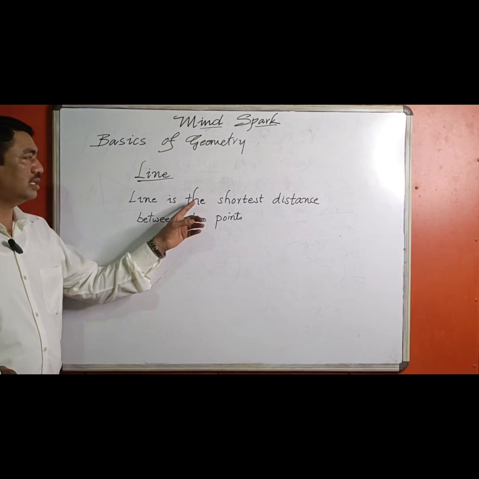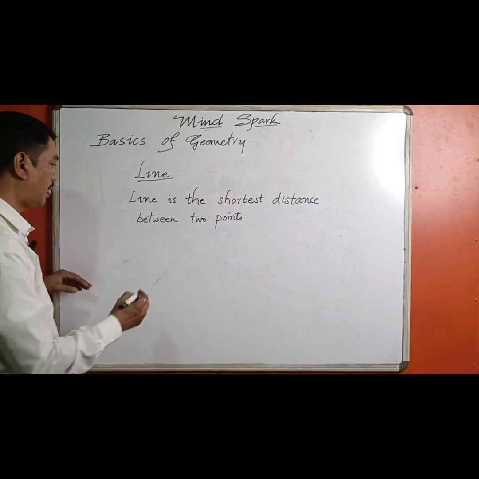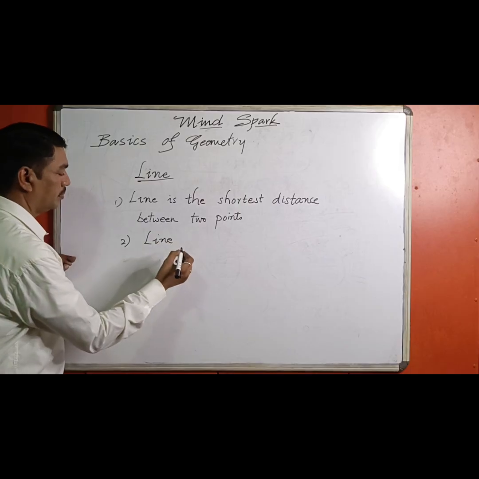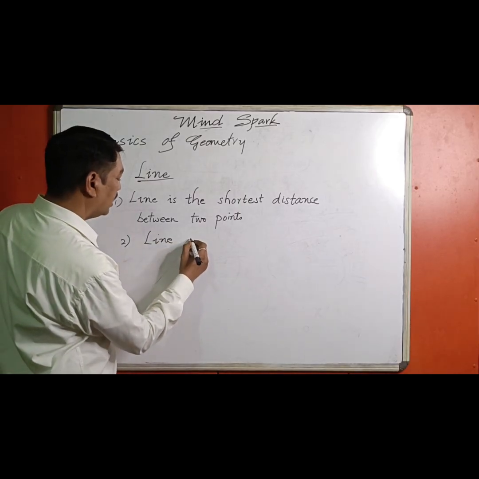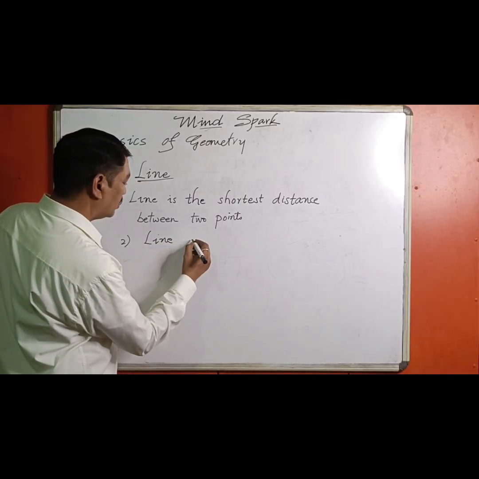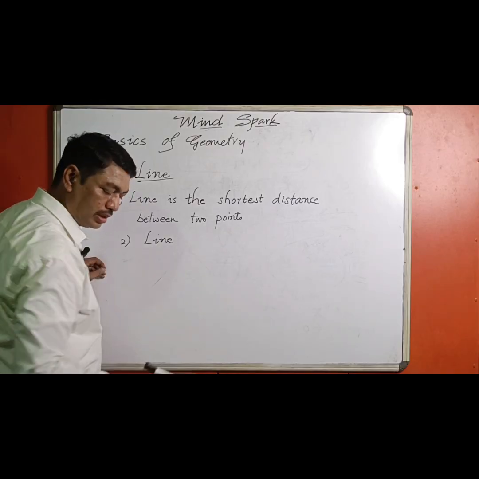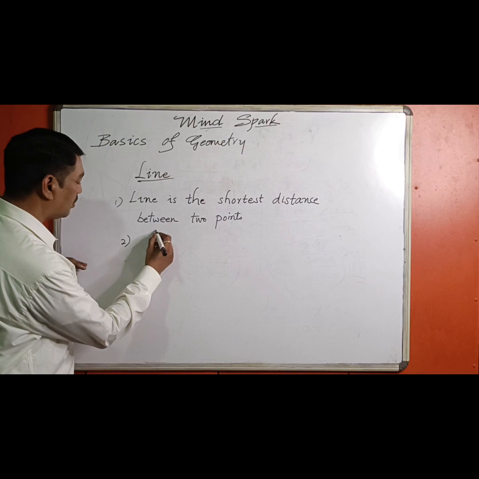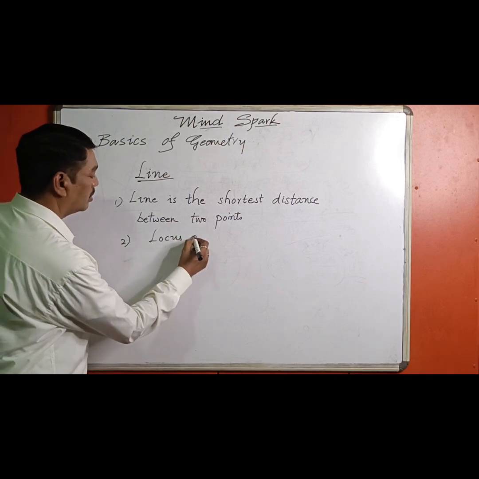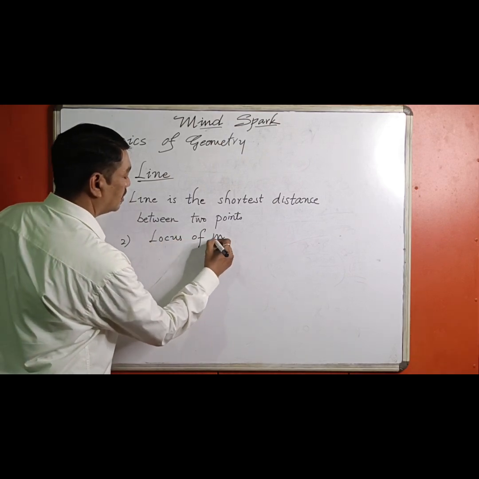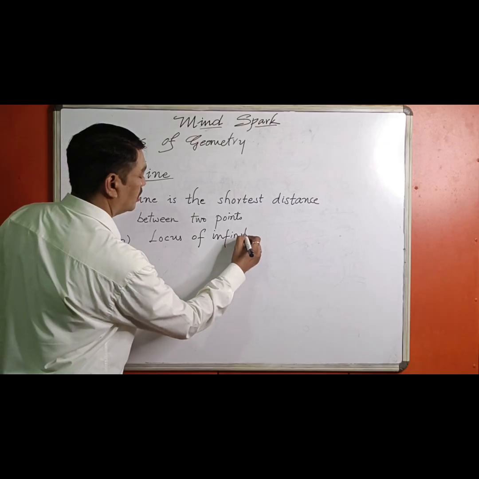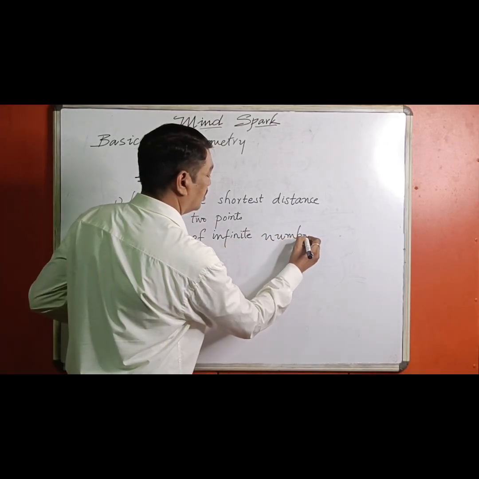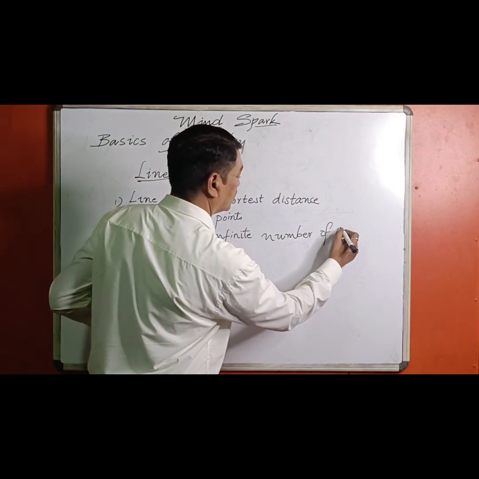So a line is the shortest distance between two points. A line can also be formed by the locus of an infinite number of points.